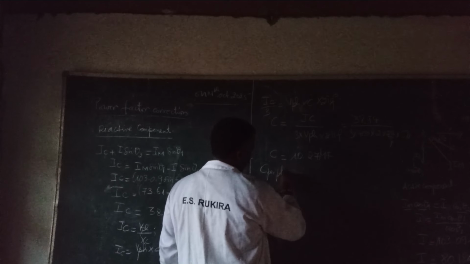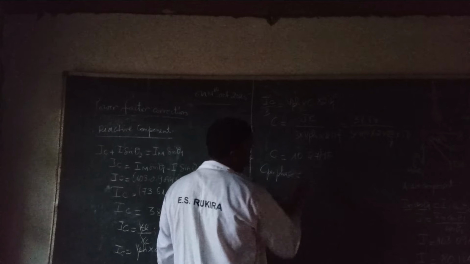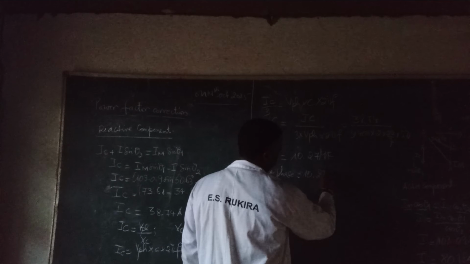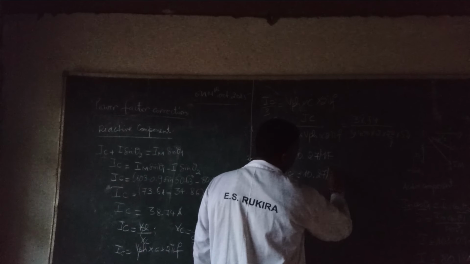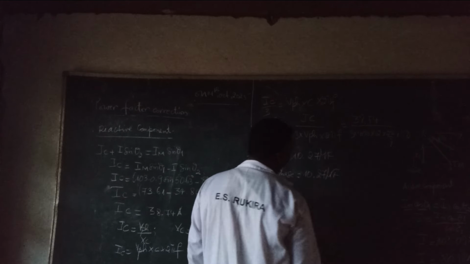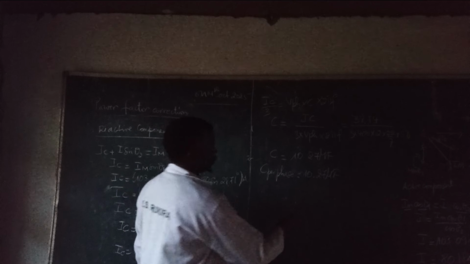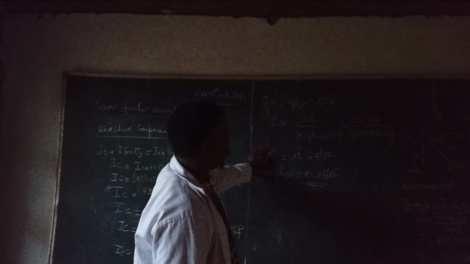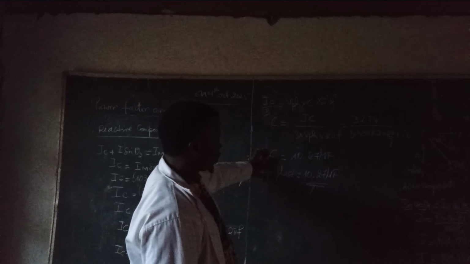per phase. The capacitor to be prepared per phase is equal to 10.27 microfarad. So this is the result. And then remember, for this configuration, these are put in parallel.